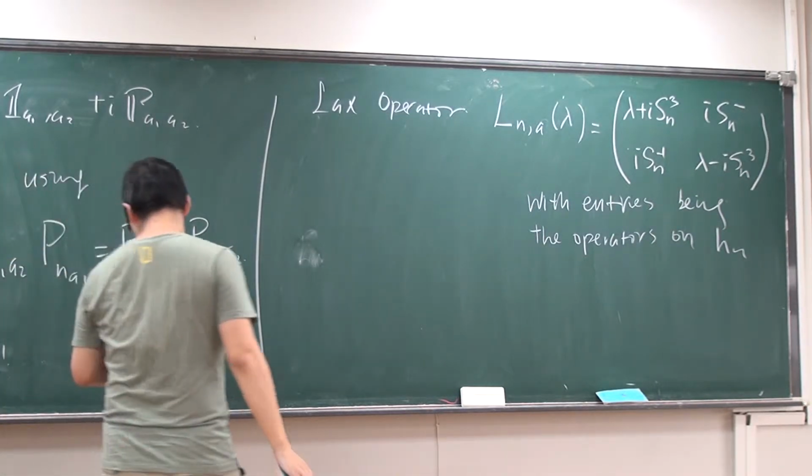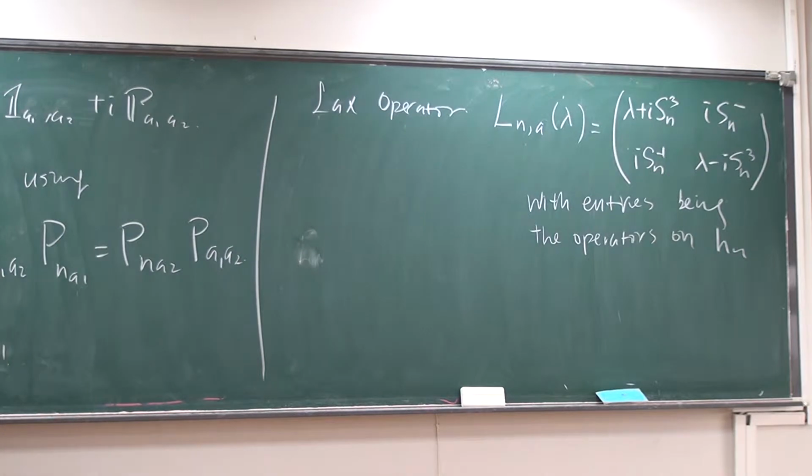Let me introduce another quantity, which is a transfer matrix. It's really nothing but an ordered product of all the lattice matrices together.